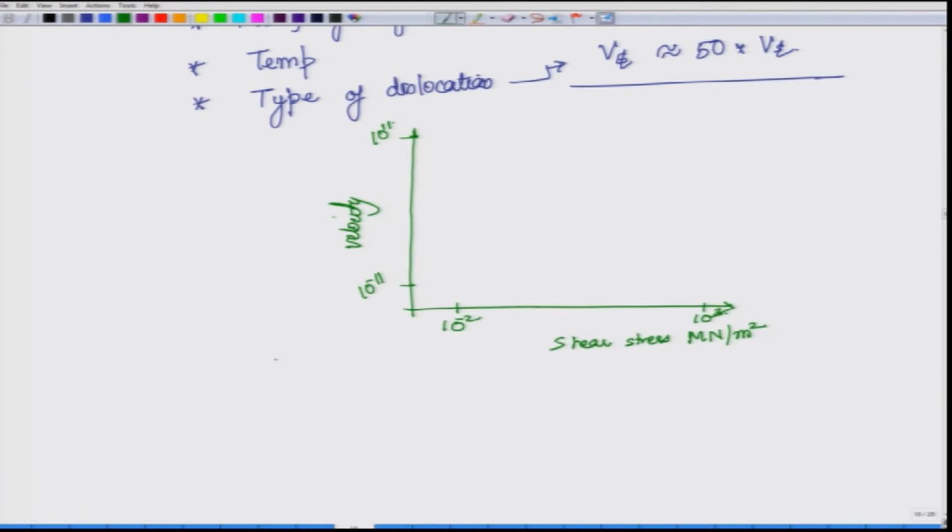Usually velocity is found to vary from 10 to the power minus 11 to 10 to the power 1 meter per second, when a shear stress in this range is applied, 10 to the power minus 2 to 10 to the power minus 3.